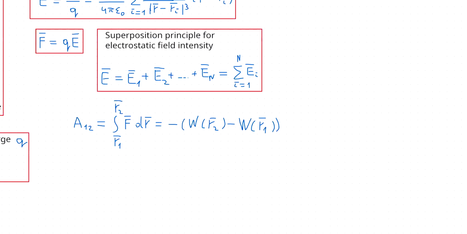And if we open brackets, we will have potential energy in point R1 minus potential energy in point R2.